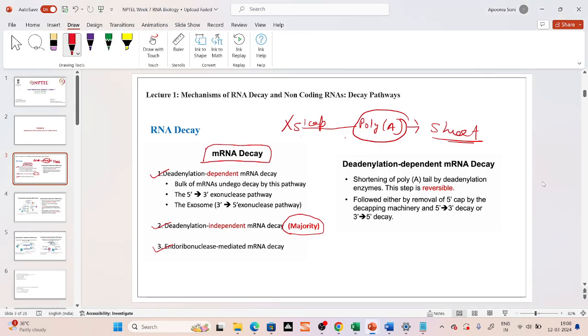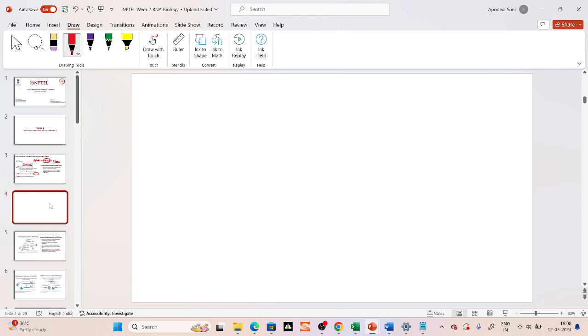So you need to understand the basics of mRNA decay, I'll just explain you in this slide. This is your mRNA. Okay, this is the 5 prime cap end. There is a 7 methyl guanosine cap there, and here at the 3 prime you have the poly A tail.